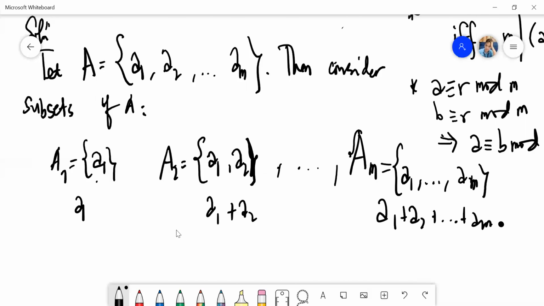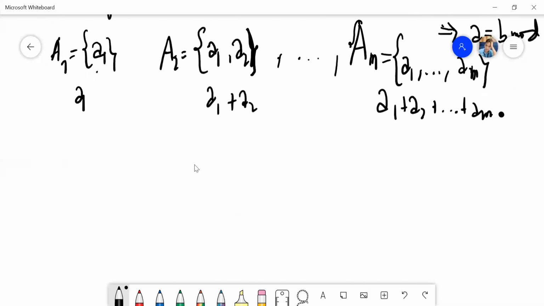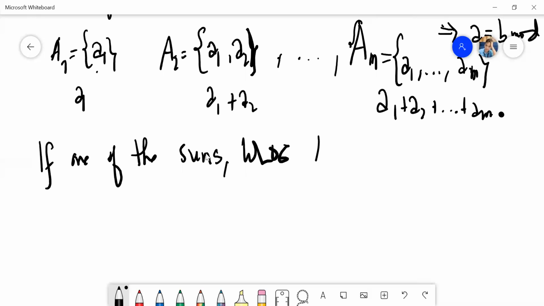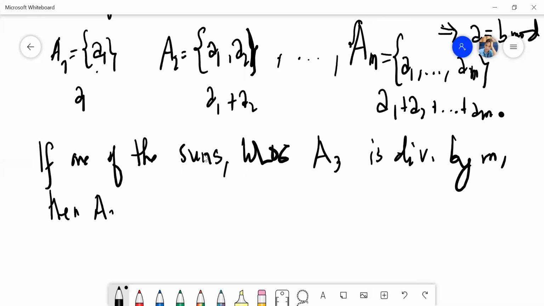Now, if one of the sums, without loss of generality say the sum for A3, is divisible by M, then A3 is the required set.